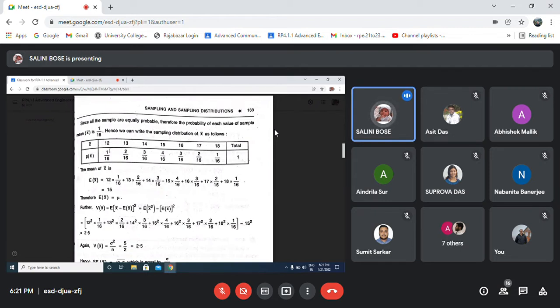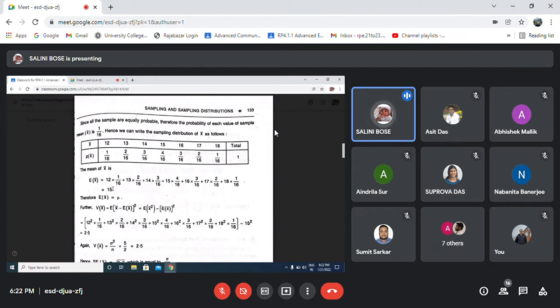Just sum all these categories: 12 into 1 by 16, 13 into 2 by 16, 14 into 3 by 16, plus 15 into 4 by 16, plus 16 into 3 by 16, then 17 into 2 by 16, then 18 into 1 by 16. After that you will get the expectation of x bar is equal to 15.